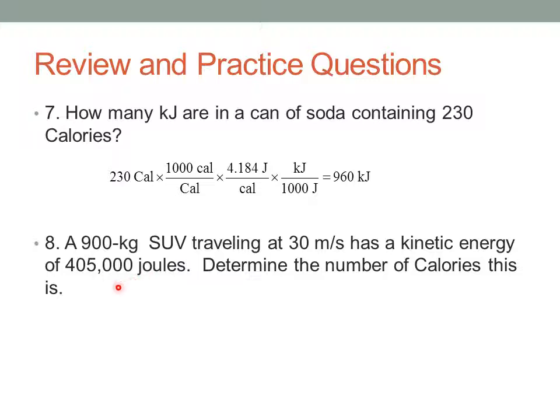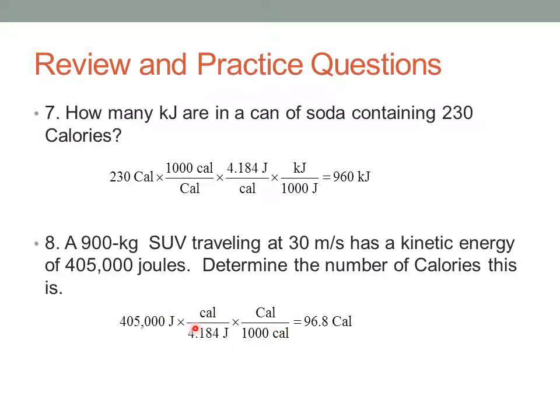But anyway, we want to end with calories. Notice the capital letter C, so nutritional calories. We're going to start with our 405,000 joules. So we would convert from joules to calories using the 4.184 joules in 1 calorie. Notice joules would cancel. And then we could convert to nutritional calories using 1,000 calories in a nutritional calorie.